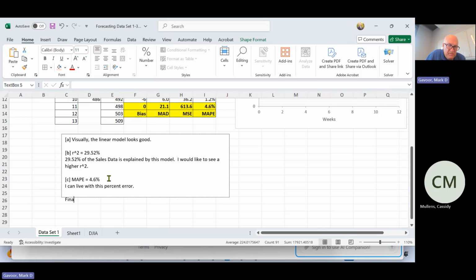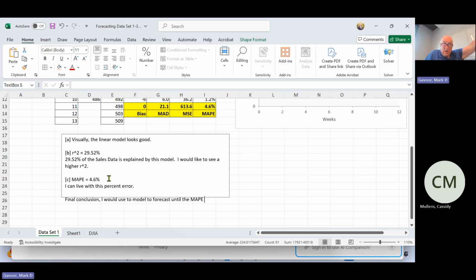Final conclusion. I would use this model to forecast until the MAPE starts to grow.